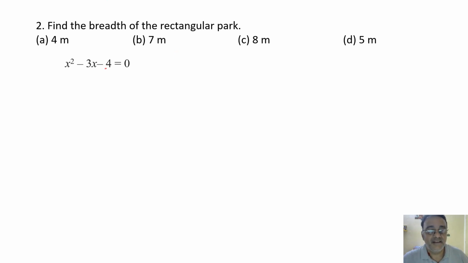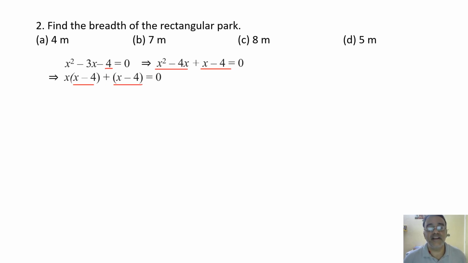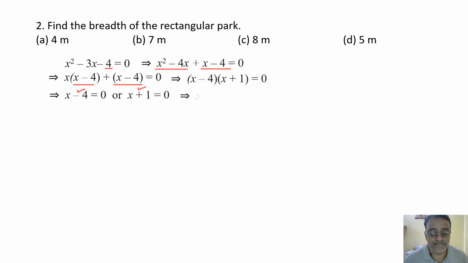Here the product is minus 4, so we need two factors of 4 whose difference is 3: minus 4 and plus 1, because the sum is negative. Taking x common, we get x minus 4 and x plus 1, so x minus 4 into x plus 1 is equal to 0. Either x minus 4 is equal to 0 or x plus 1 is equal to 0. We get two answers, 4 and minus 1.